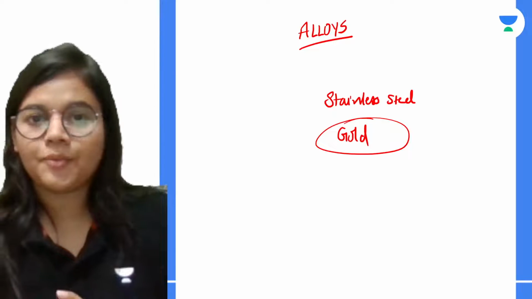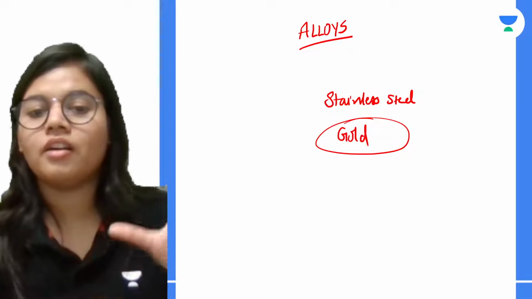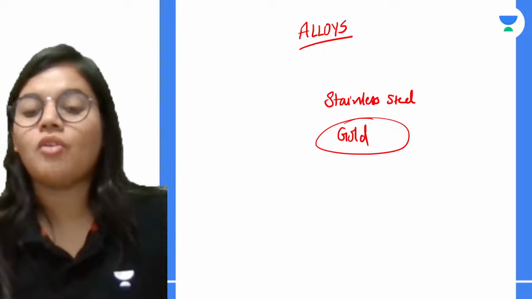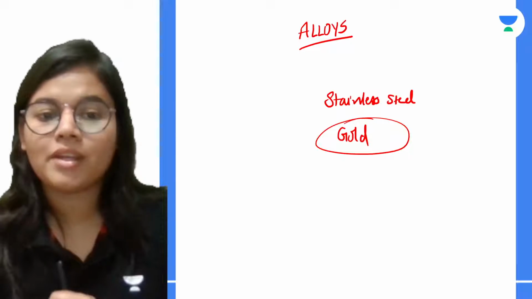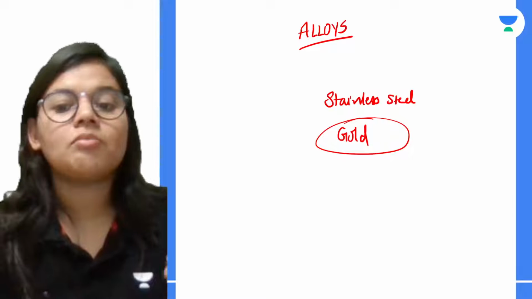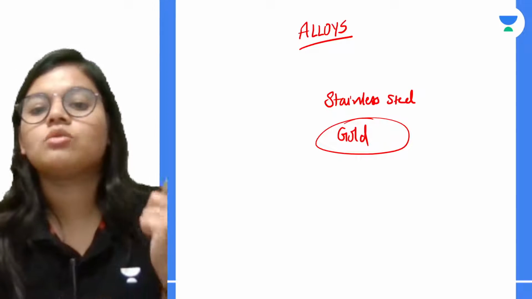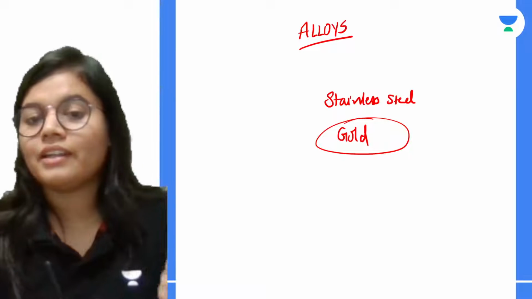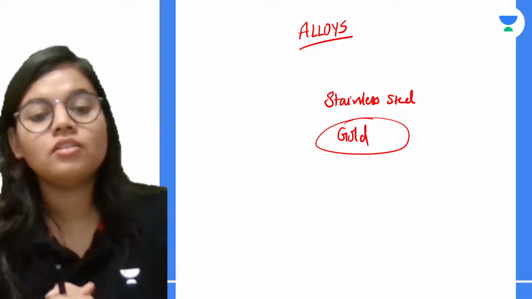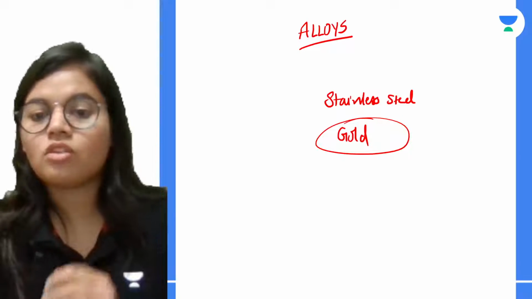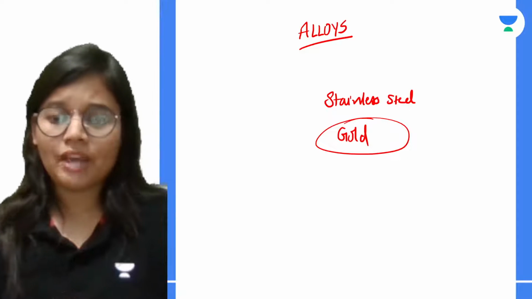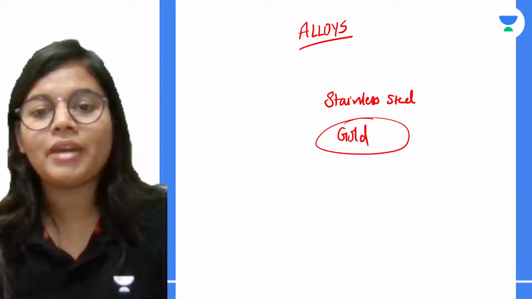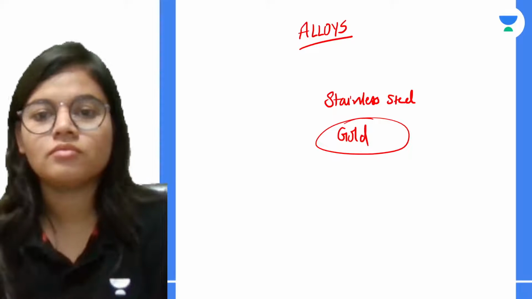But if I say that the ornaments you are having are not of 100% pure gold, now what does that mean? Students, if I talk about pure gold, it is so soft that it cannot be used to make the ornaments. जो हमारा 100% प्योर गोल्ड होता है वो ना काफी सॉफ्ट होता है, which cannot be used to make the ornaments.